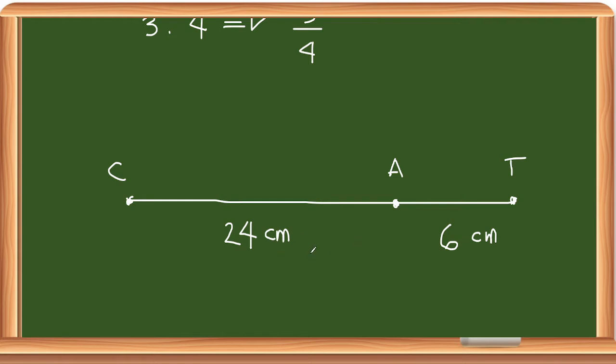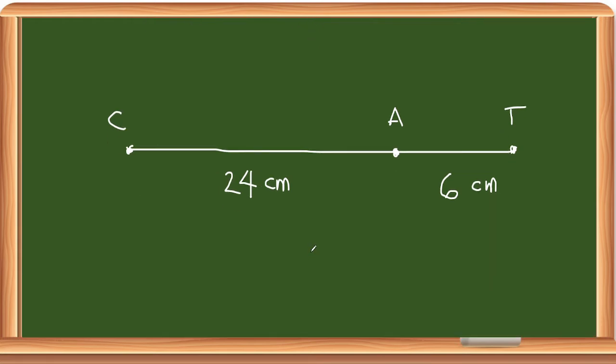Okay, so if you were asked to get the ratio of segment AT to segment CA, it can be expressed as this one. So all you have to do is just fill in the blanks.